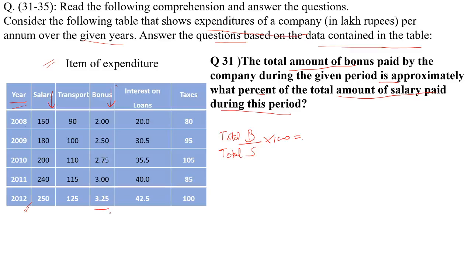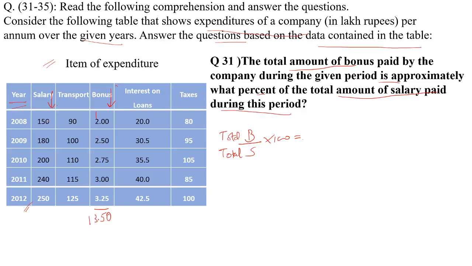You can see here 10, 1 carry, 12 plus 1, 13, 13 plus 2 is 15, 1 carry. So these 3 twos will be 6, 6 plus 1 is 7, 7 plus 6 is 13, so 13.50.